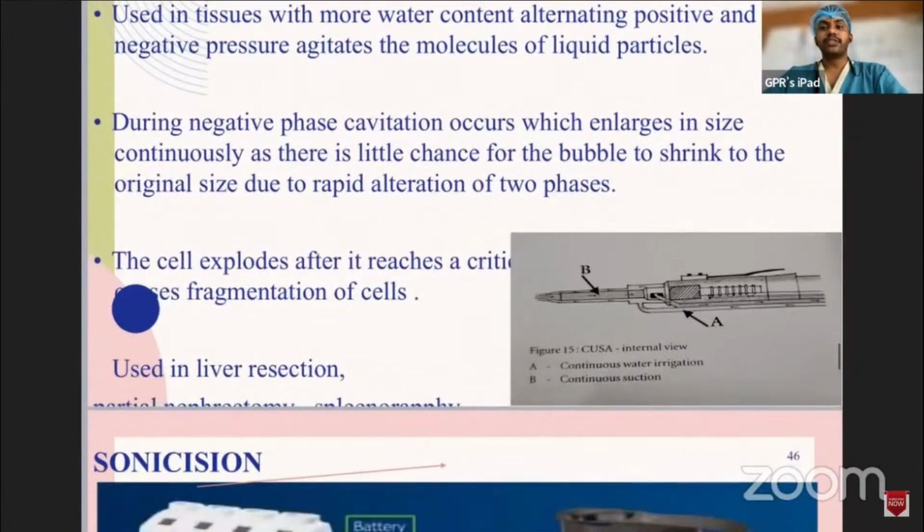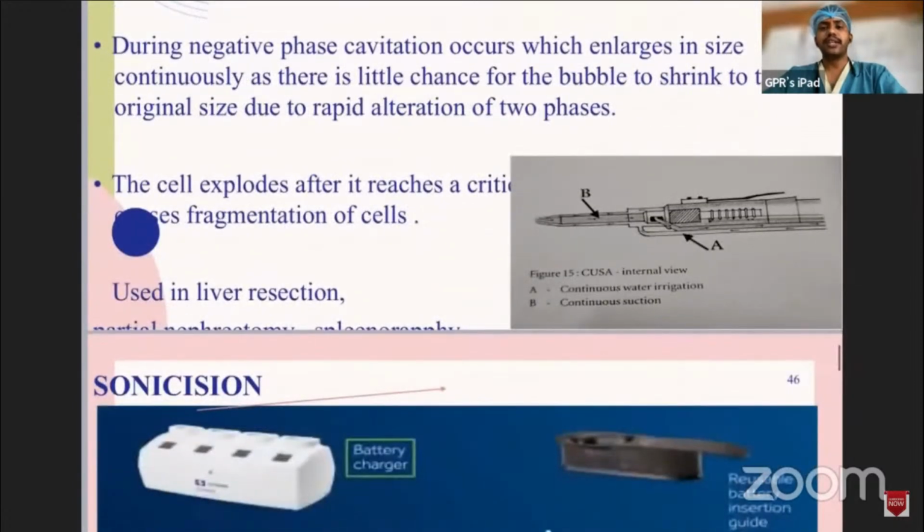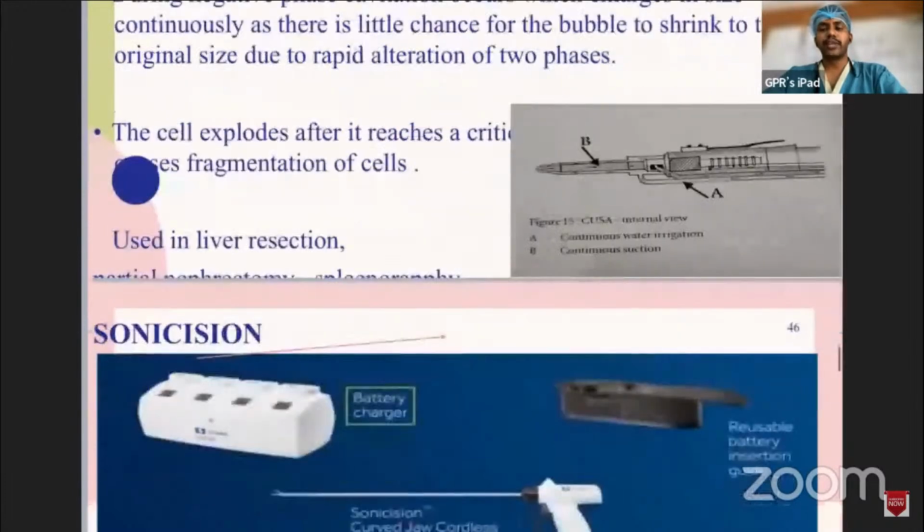During the negative phase of this cavitation, the bubble enlarges in size continuously, and there is a chance of bubbling happening within the tissue, and a chance of rapid alteration of the phases. The cell will explode into fragments, and it will be taken in by the suction. This is used more for liver resection, sometimes for nephrectomy.